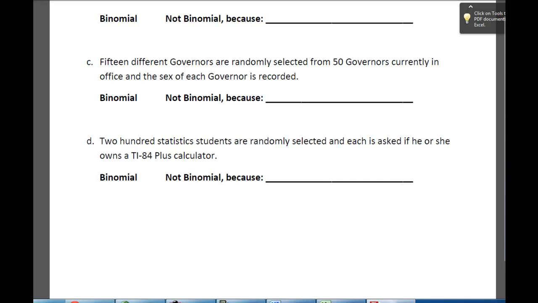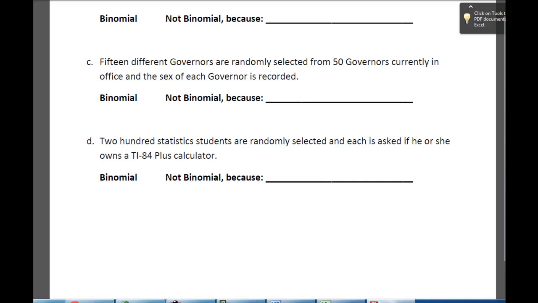We could probably figure out what percentage of our 11,000 students have the calculator. So at that rate, we'd say yes, the same from trial to trial. The trials are independent. Whether or not you have it shouldn't depend on whether the next randomly selected person has it. So we're going to say that one's binomial as well.